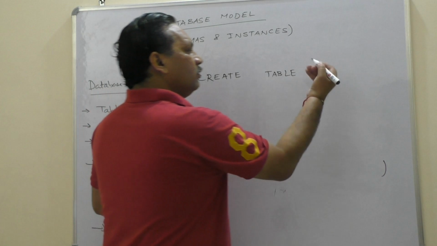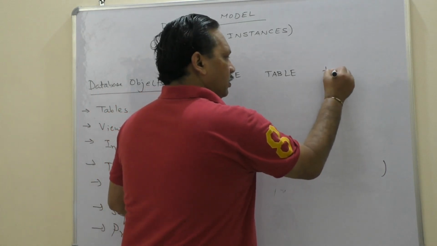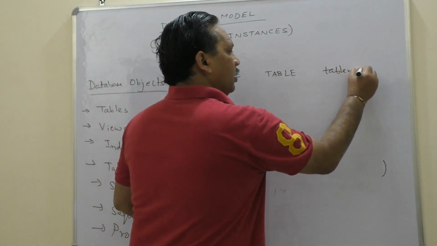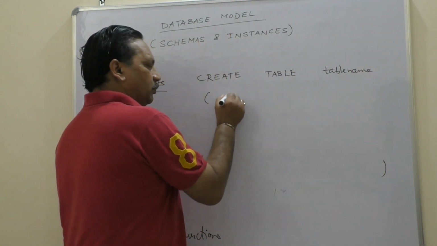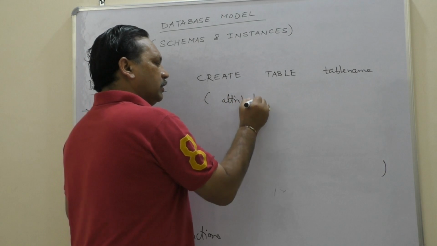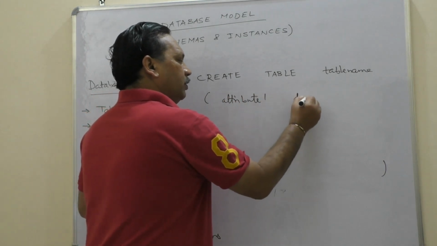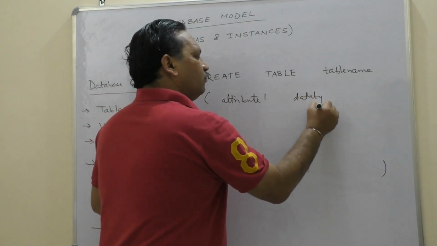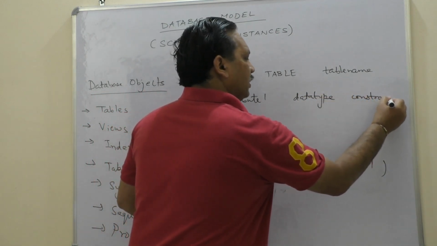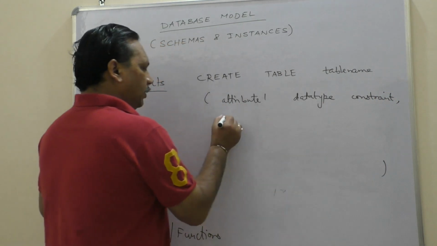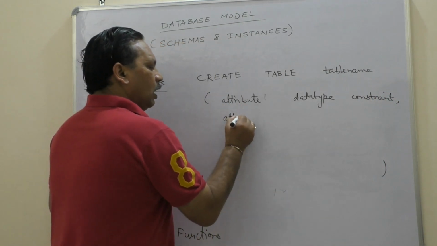Okay. Then whatever table name you have, table name, and now within brackets a set of attributes. Suppose attribute 1, data type, and if there is any constraint, and so on. Then attribute 2. Are you getting it?